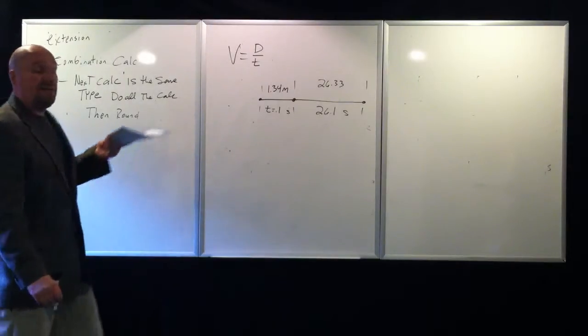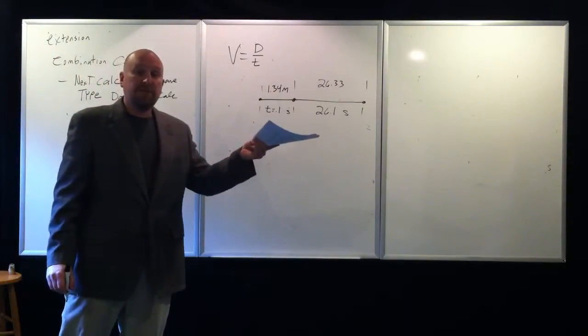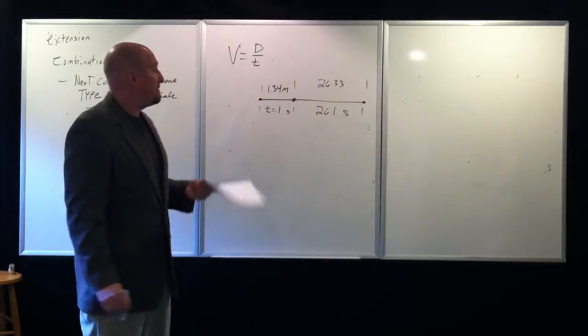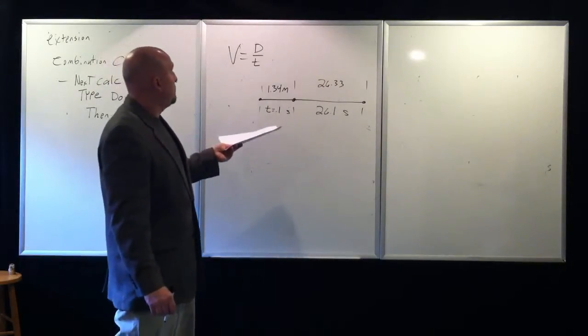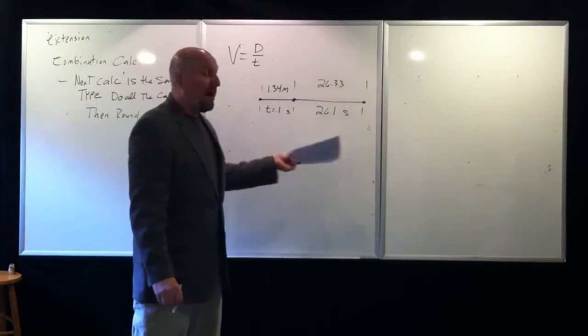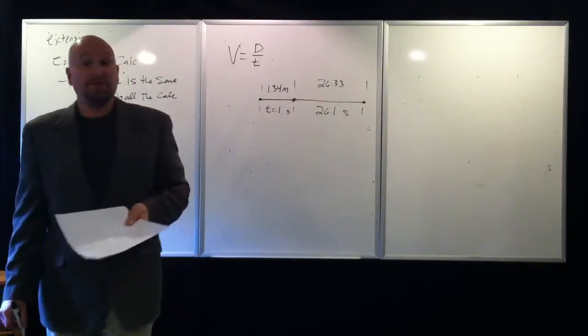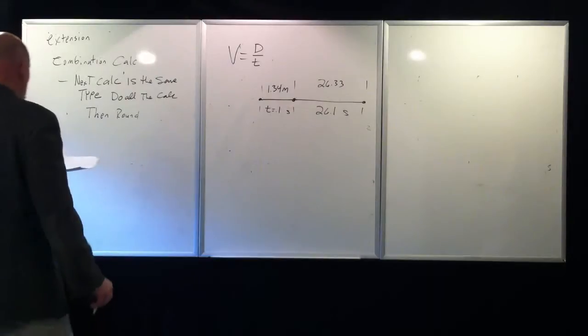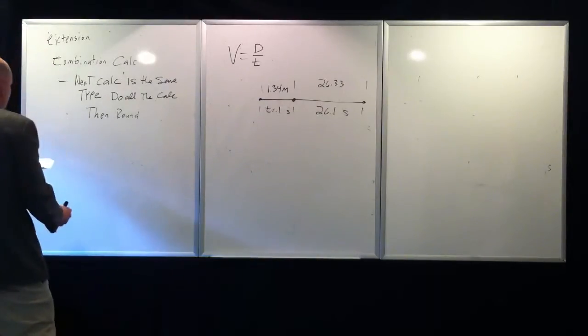Or if you add and subtract. If you add and add and add measurements and then subtract measurements, then you're going to round to the lowest number of decimal places.